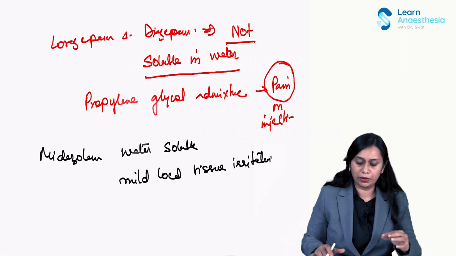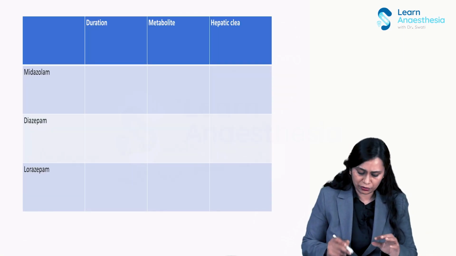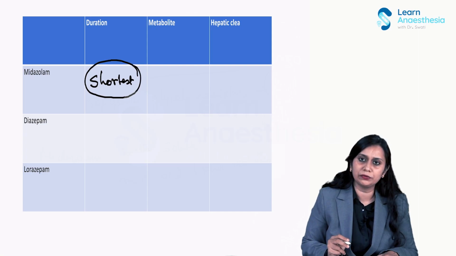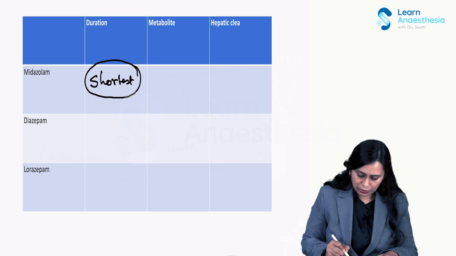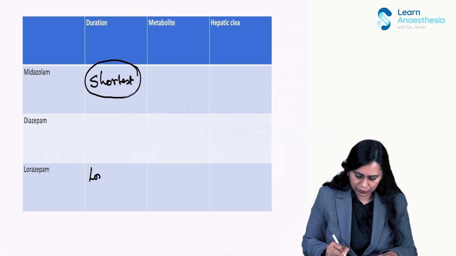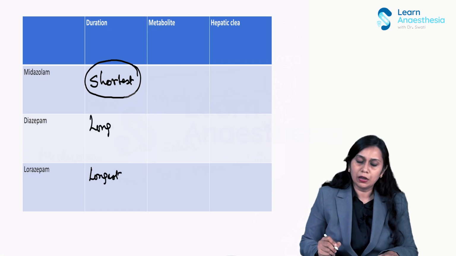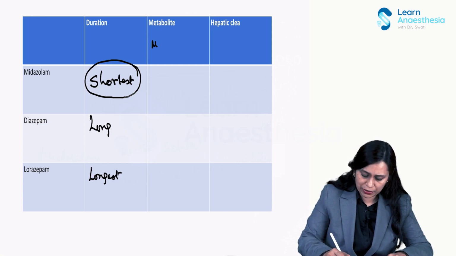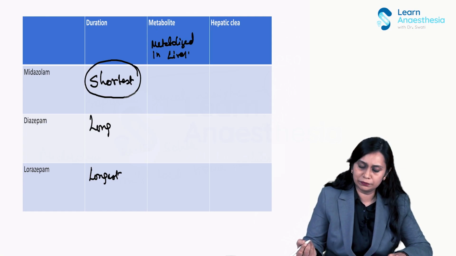Okay. Now coming to the duration of action, midazolam has the shortest duration of action. Lorazepam has the longest. Diazepam also has a long duration. Now all three are metabolized in the liver, right?